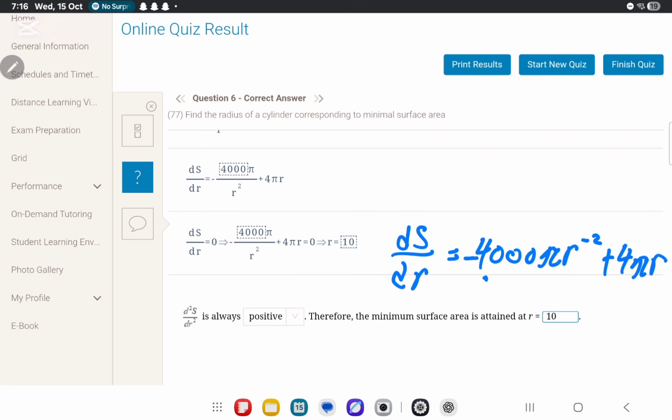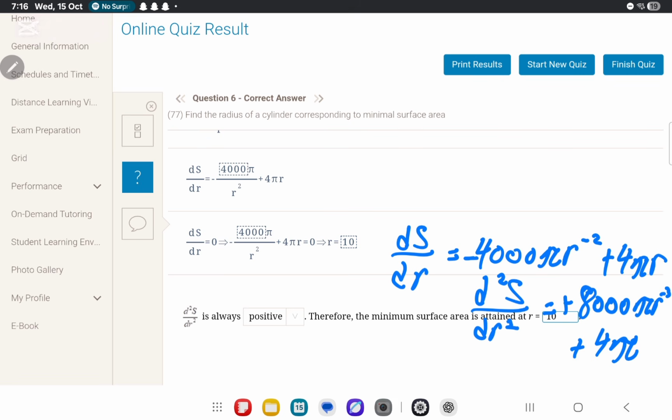So d squared s by dr squared is equal to negative 2 times negative 4, positive 8,000 pi r to the negative 3 plus just 4 pi. Now take negative 3 down, so you're going to have negative 8,000 over r cubed, or positive 8,000, because negative makes it positive, plus 4 pi.